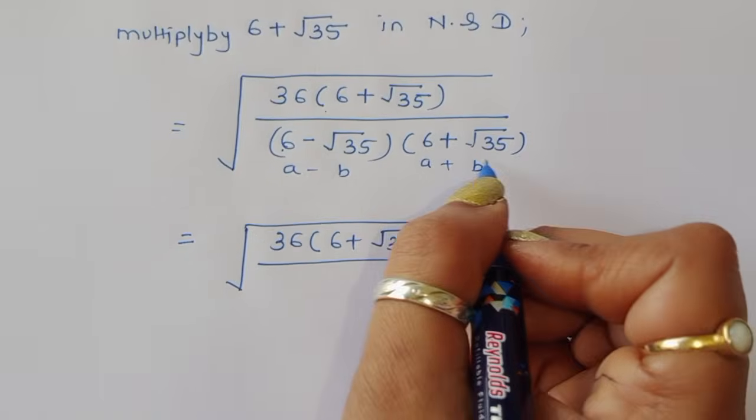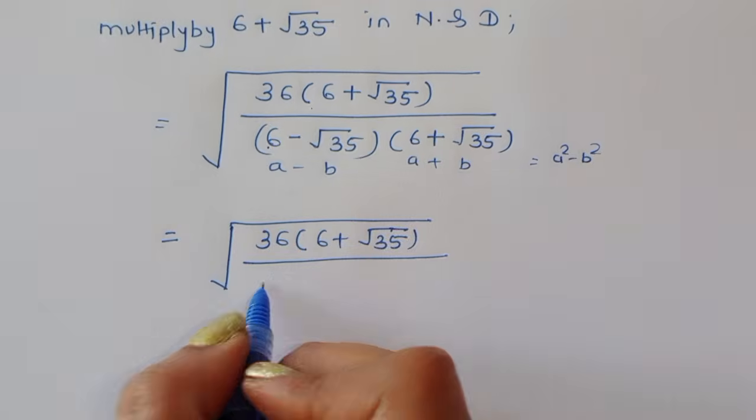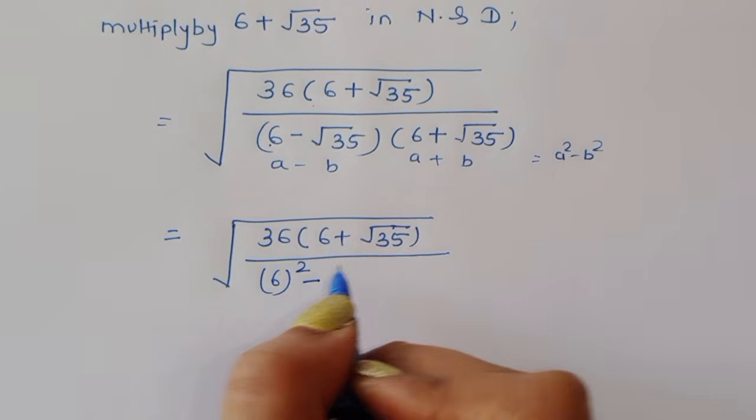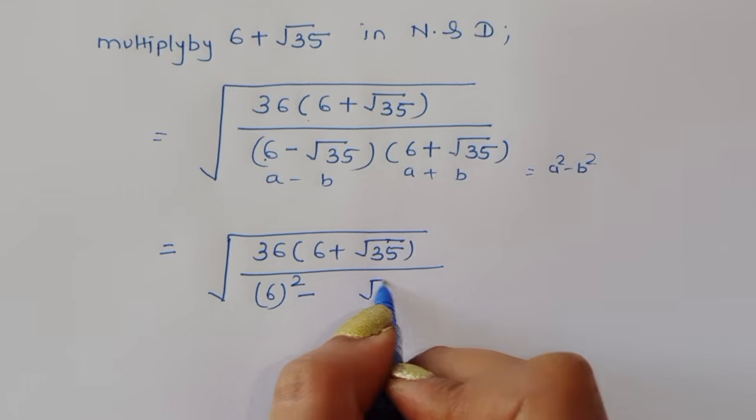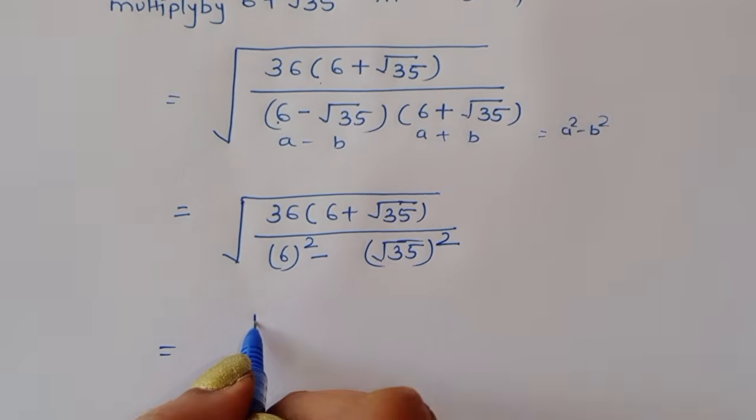So a minus b times a plus b is equal to a square minus b square. So a square is 6 square, minus b square, where b square is square root of 35 squared.